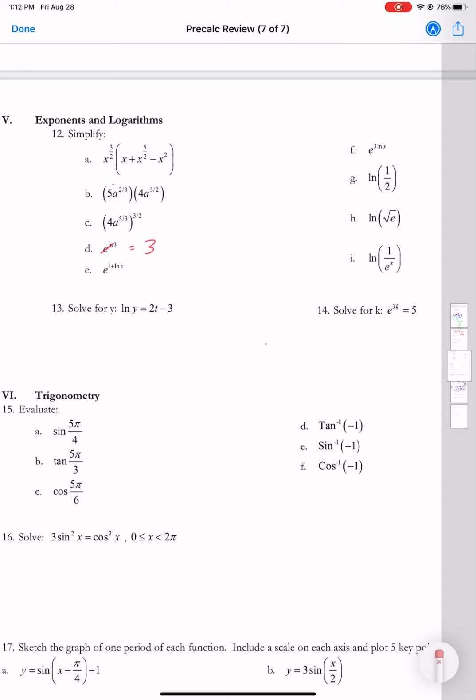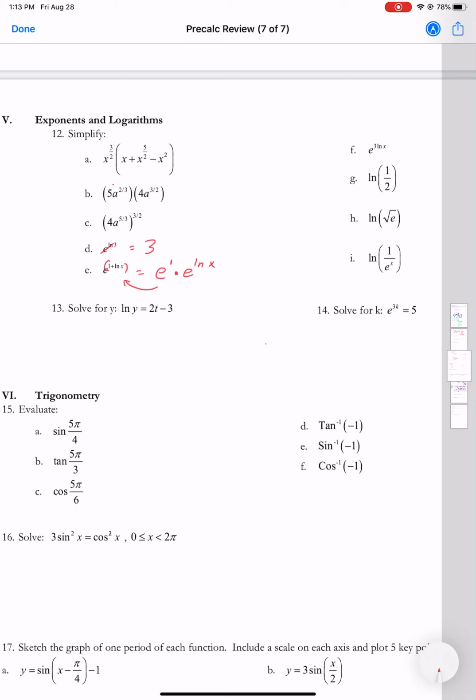So since I have an exponent that is a sum, I could write that as e to the first times e to the power of natural log of x. Because think about that property of exponents. We are multiplying two things with the same base. We would just add the exponents. So if we were combining this, it would turn into that.